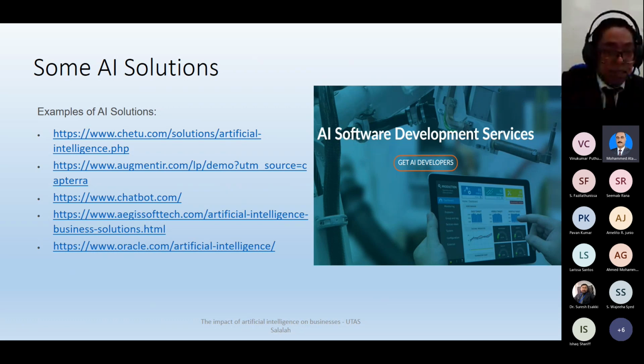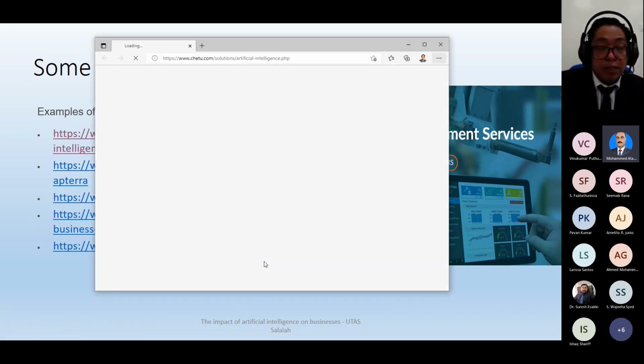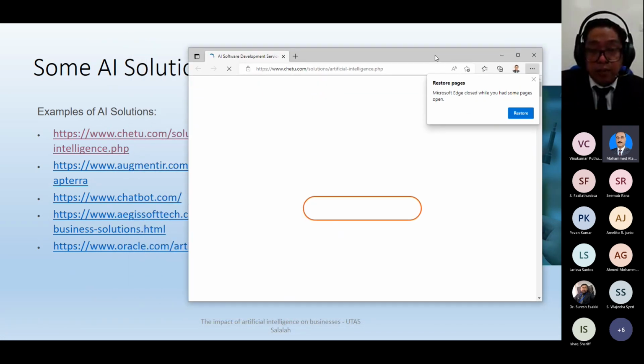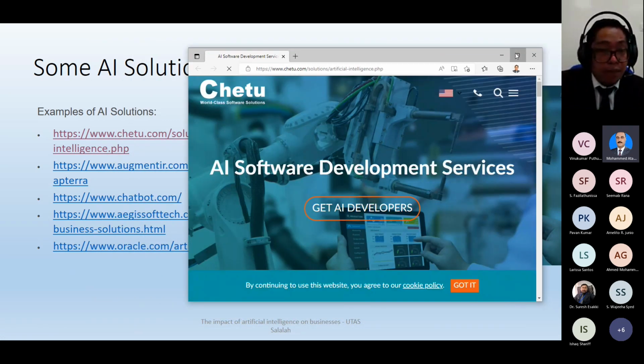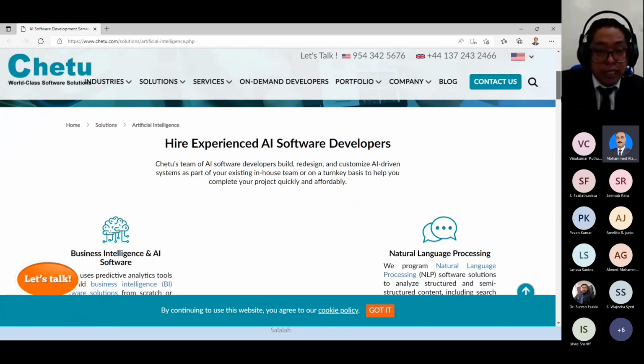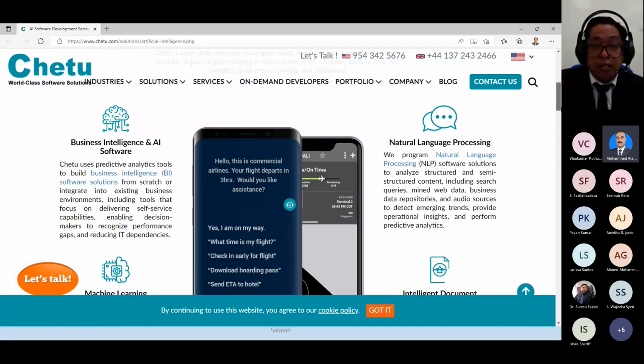I just listed some examples of a few AI solutions, like let me open up this shed2.com in my browser. One of your small businesses might also need some kind of business solution that they will provide to you. See, AI software development services, they are also providing business intelligence and AI software.